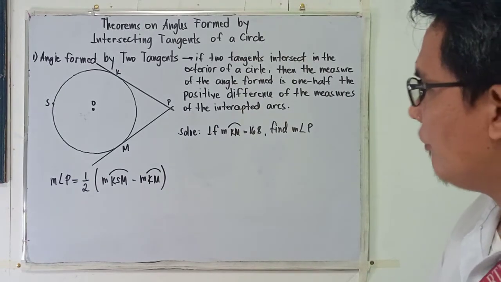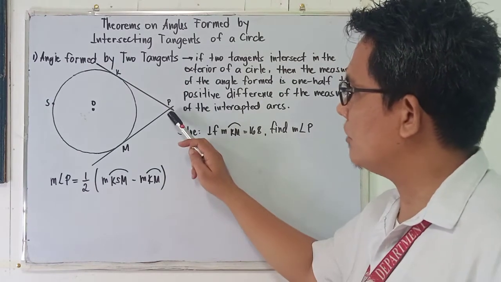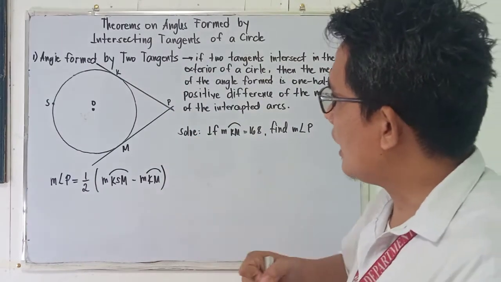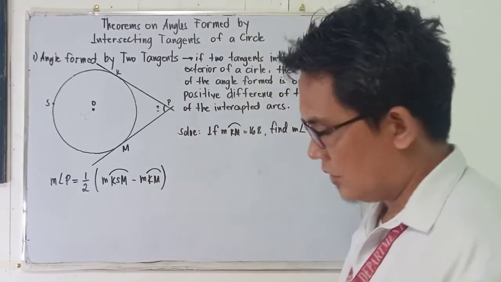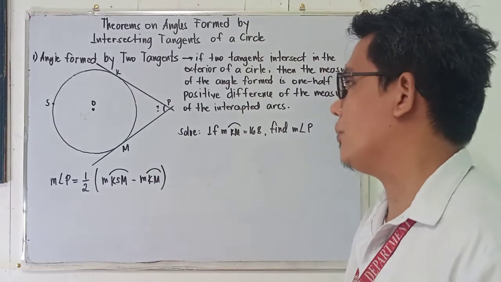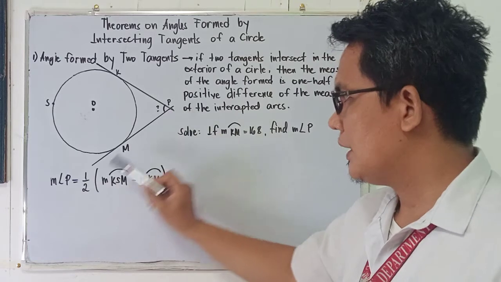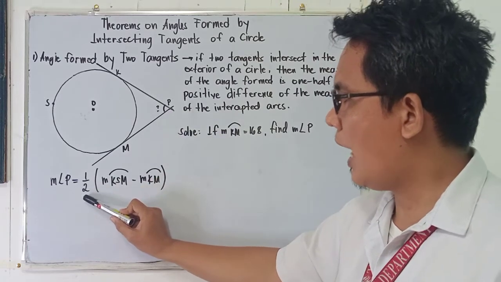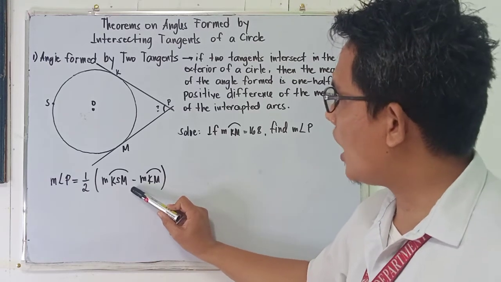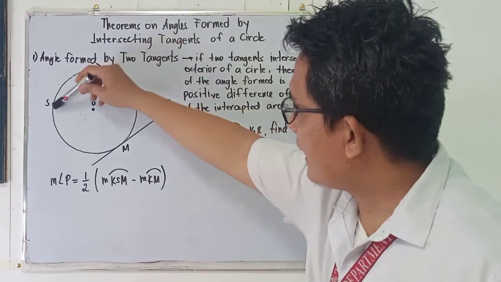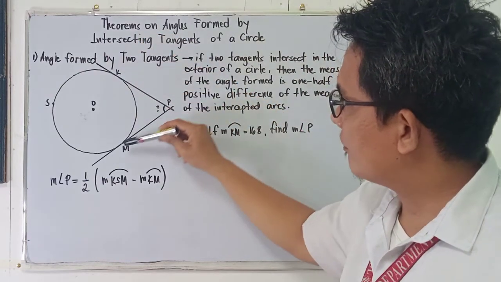If we are going to solve for the angle formed by the two tangent lines, that means this angle here, we are going to solve it using the formula that the measure of angle P, this angle here, is equal to half the difference of arc KSM and arc KM.